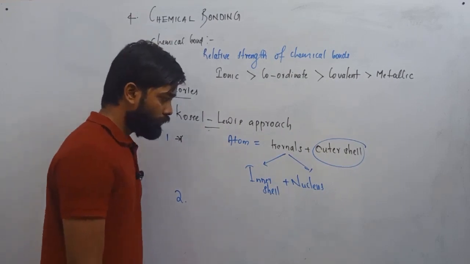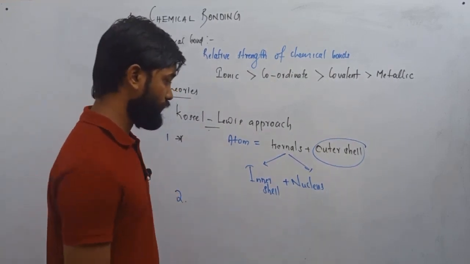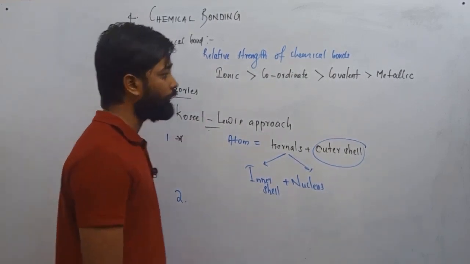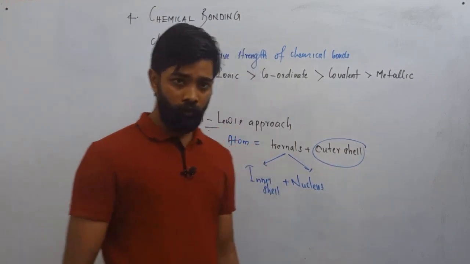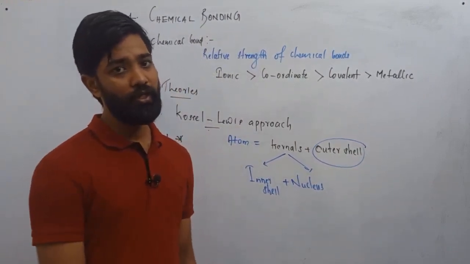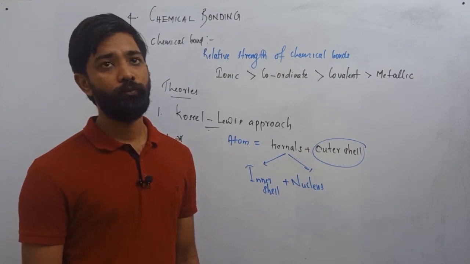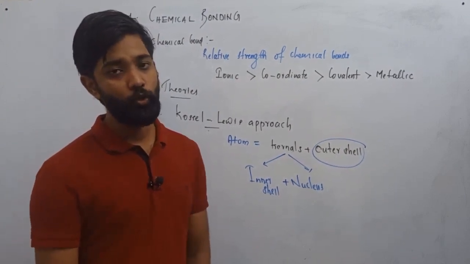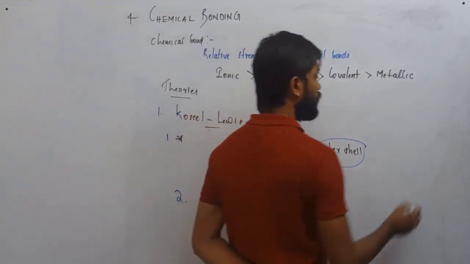What about the view of the outer shell? The next point: the outer shell is imagined as a cube with 8 corners around the kernel.